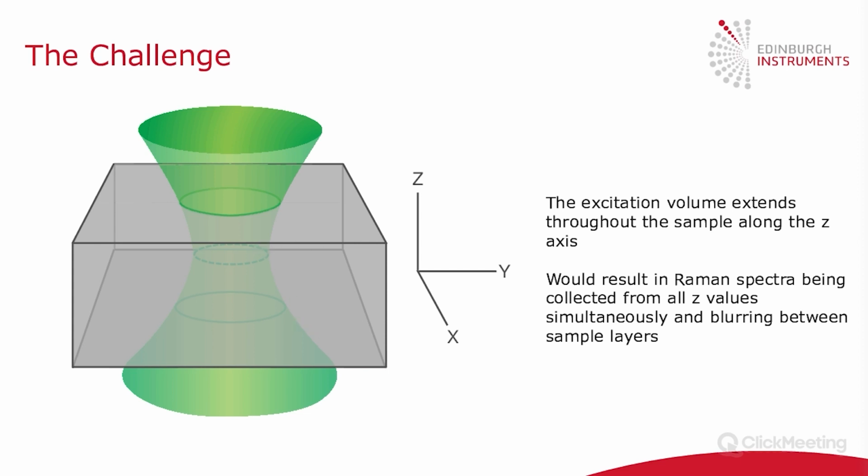So your laser is effectively exciting at every point along the z-axis. And as a result, if you were simply to try and measure the Raman spectrum as a function of z, you would have a very blurred image, as you would have out of focus contributions from every possible z value, because the laser is exciting the entire volume.